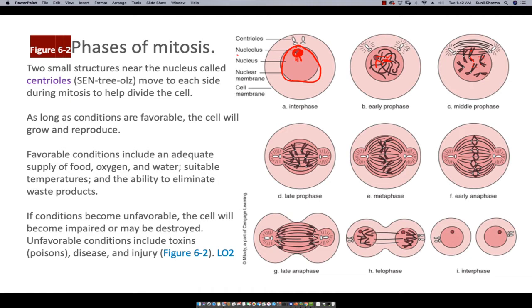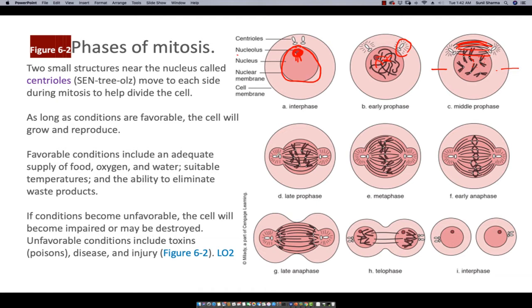At the same time, you have your centrioles that are going to the opposite poles of the cell, and they are spreading out what we call kind of like a network or net, and saying we're going to catch these butterflies and take those apart.